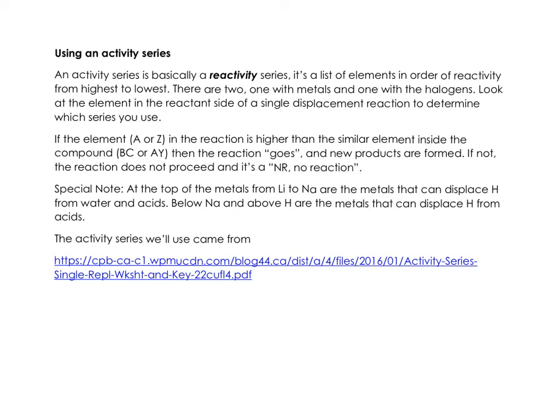There are two reactivity series. There's one with metals, and then there's one with halogens. And what you do is you look at the element on the reactant side that's all by itself, and that will tell you which one of the series you're going to use.